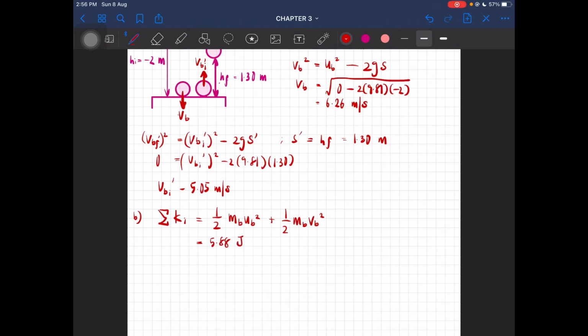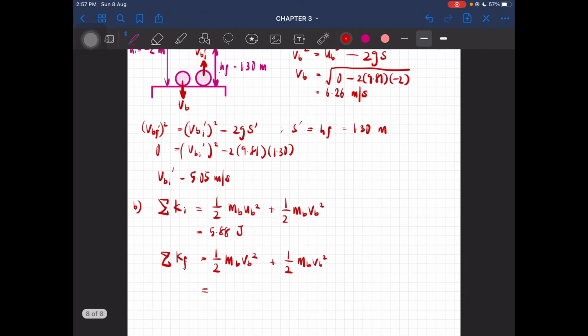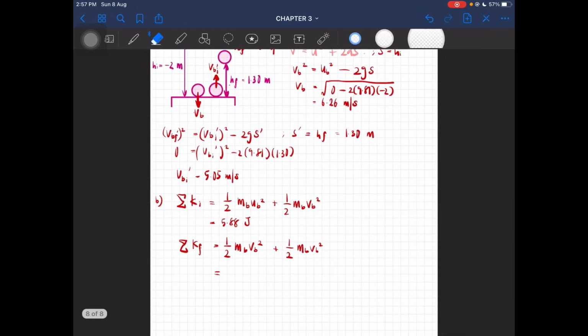The initial kinetic energy is 5.88 joules, and now we look at the final kinetic energy, which is half m VB squared plus half m VB squared. Wait, that's wrong.